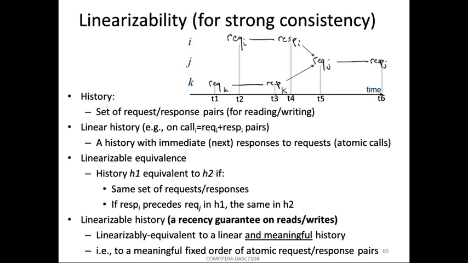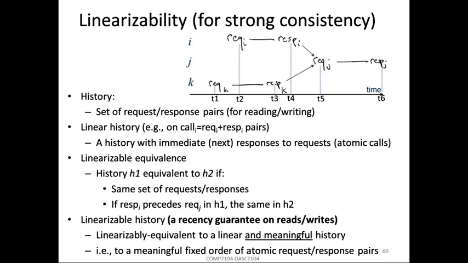So in our history, once again, I and K are before J, but between them they are not ordered, as can be seen here.